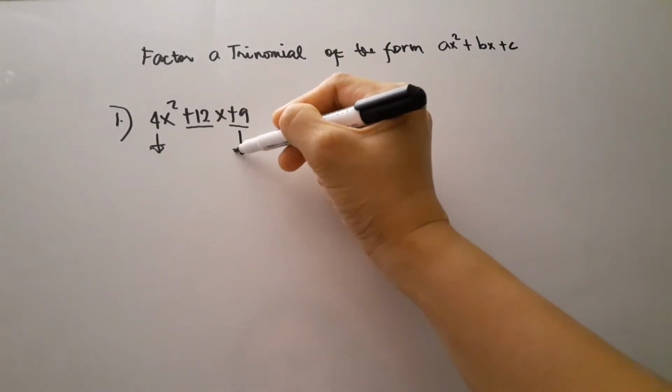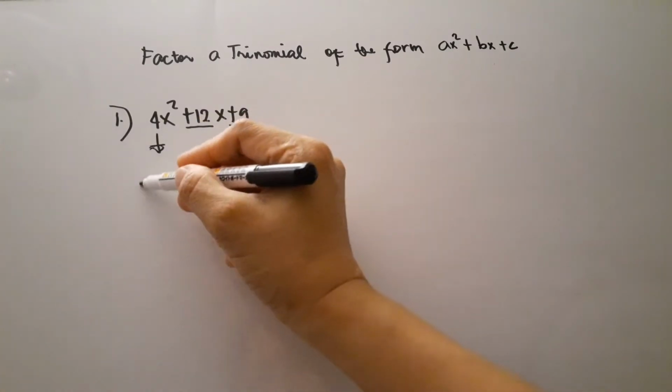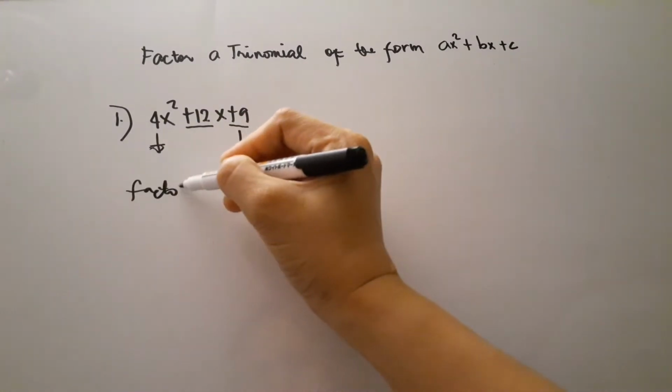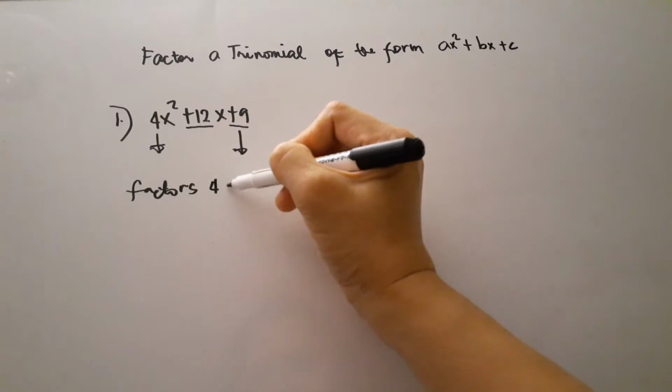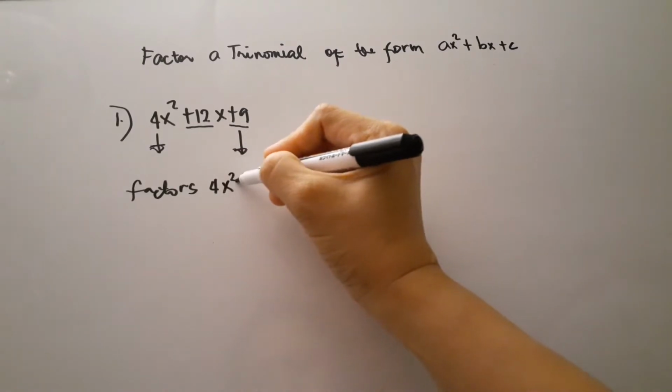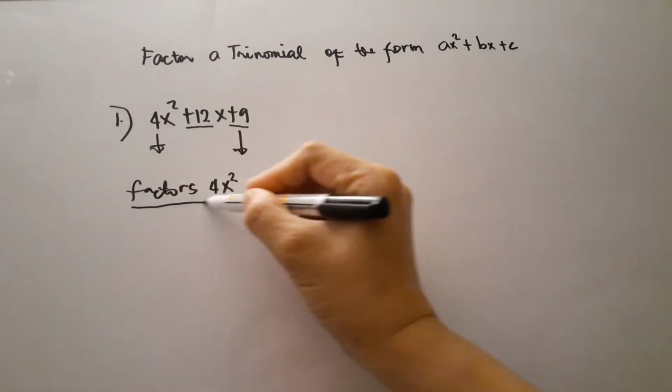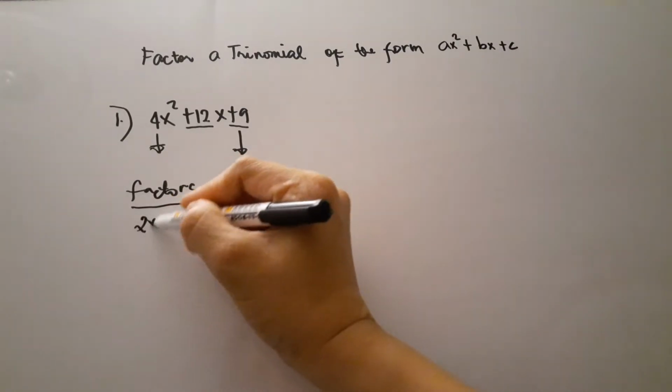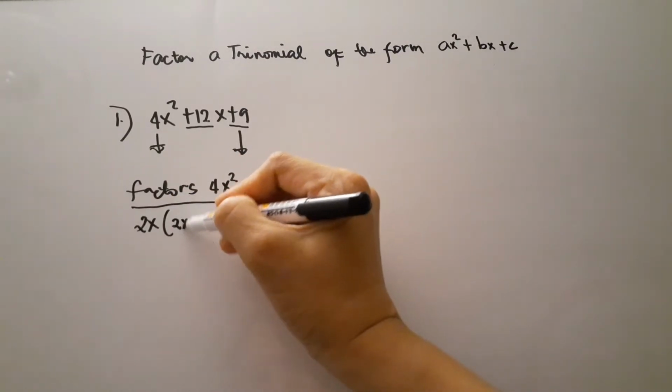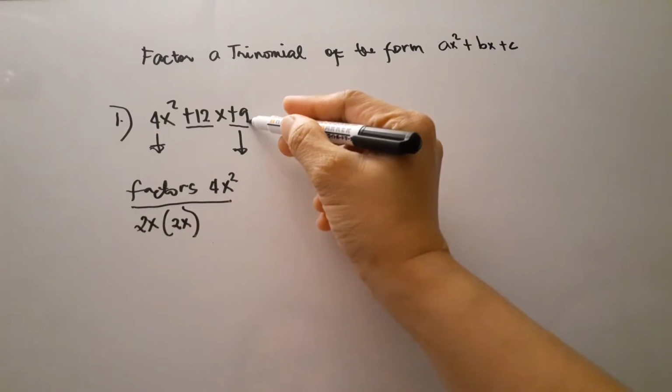Then we can find the factors of the first term as well as the factors of the constant term, which is 9. So we factor the first term first, which is 4x squared, becomes 2x times 2x.